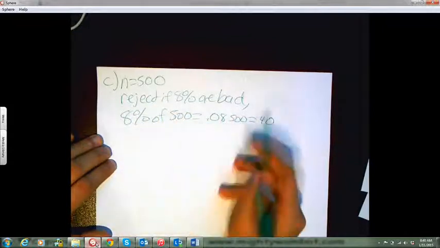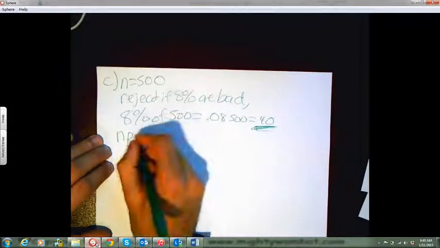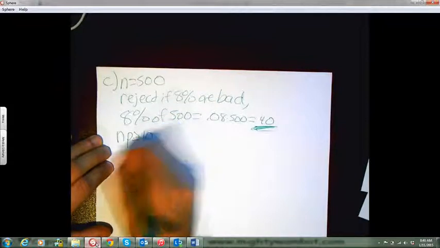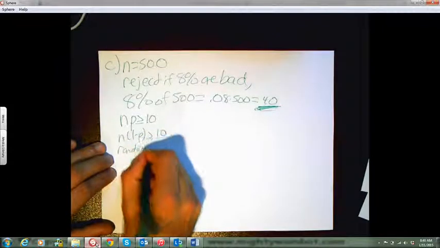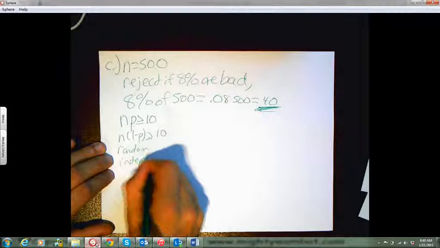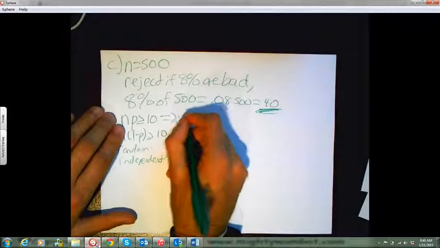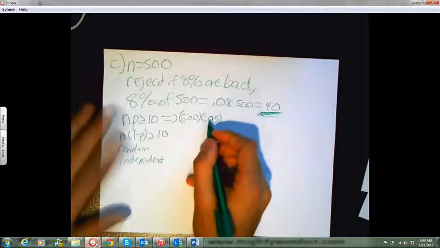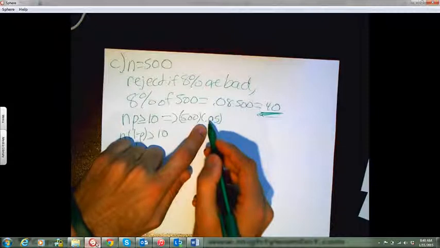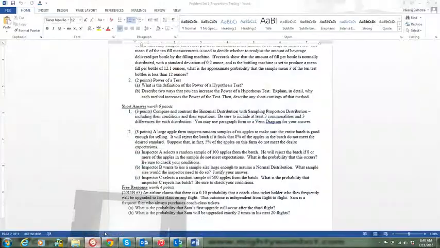Let's check the conditions. NP should be greater than or equal to 10. N times 1 minus P should be greater than or equal to 10. And we should have random and independent. Those are the 4 conditions. So let's check. The first one is N times P. N is 500, P is 0.05. Remember, the probability of getting a bad apple is still 0.05. That comes from right here.